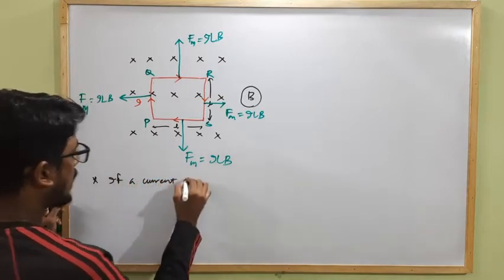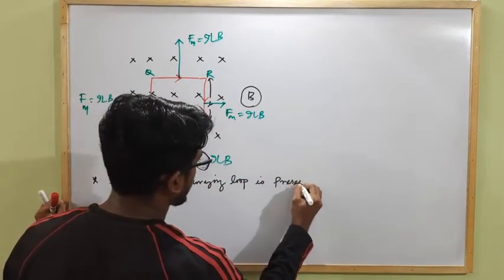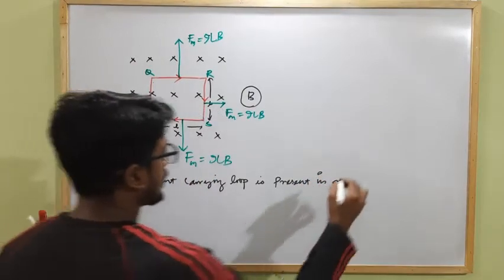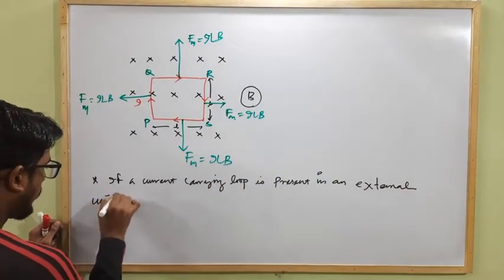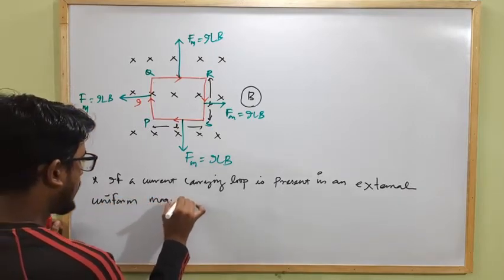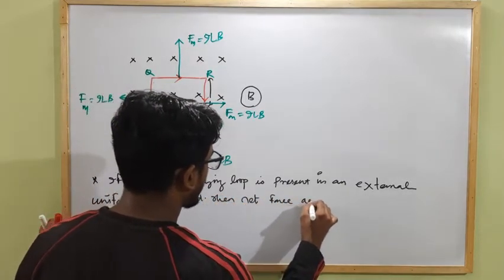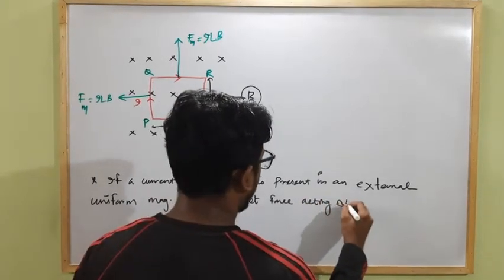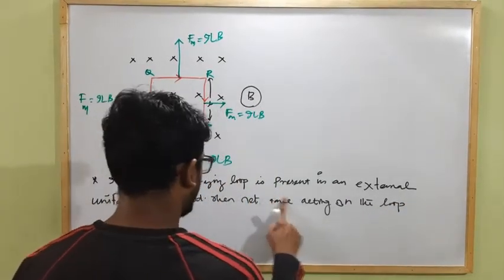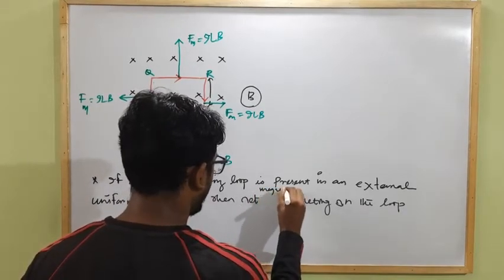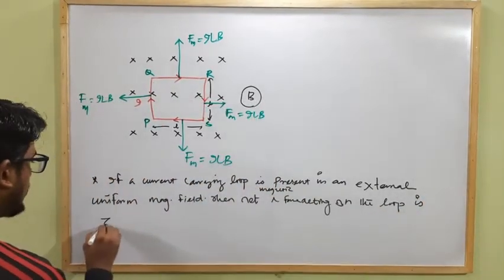if a current carrying loop is present in an external uniform magnetic field, then the net magnetic force acting on the loop is 0.